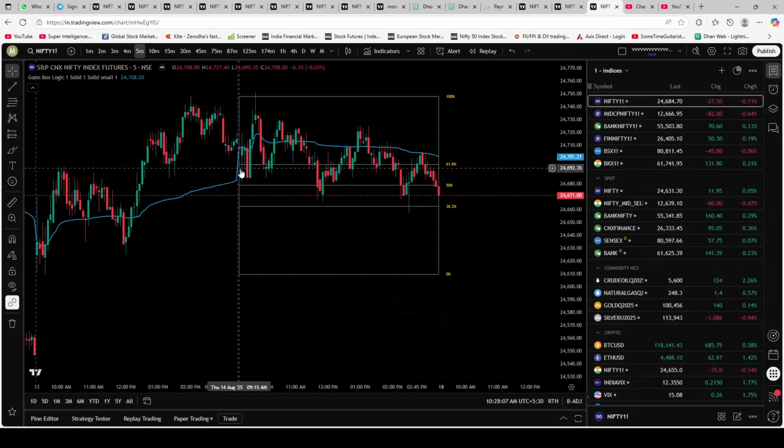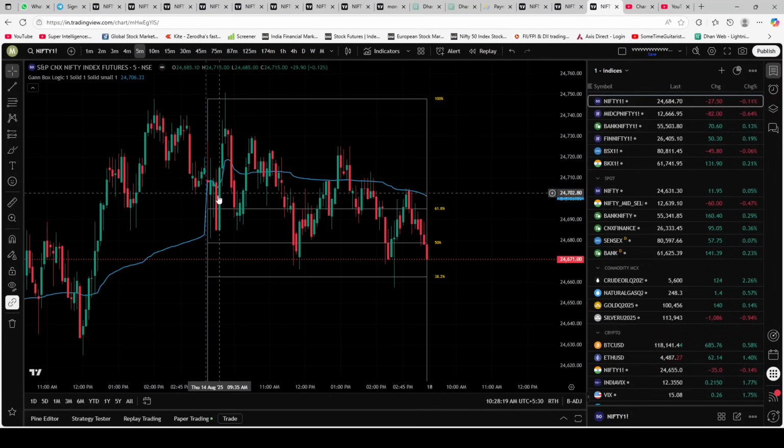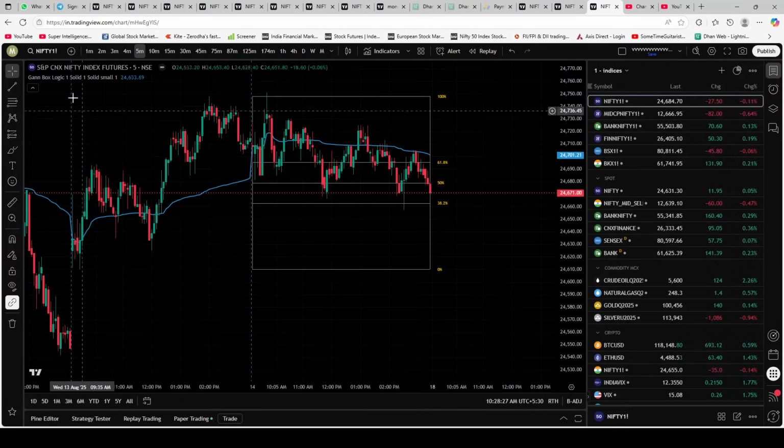All right, because the Gann box logic states, for the first time that it goes towards the 100 or the 0, it'll have a tendency to revert back towards the center, which is what exactly happened on Thursday. The first time it went up and hit this 100%, it came back towards the center. All right, so that is the Gann box logic. I'll just hide this now.